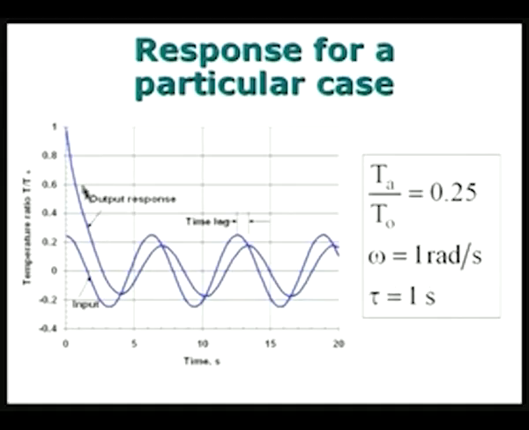and you will see that the input, the variation of the temperature, is according to this relationship. It starts with a value of 0.25 at t equal to 0, and it cycles according to the formula T A by T naught is equal to 0.25 cos omega t, and the output starts initially from a value of 1, because T by T naught equals 1 at t equal to 0.